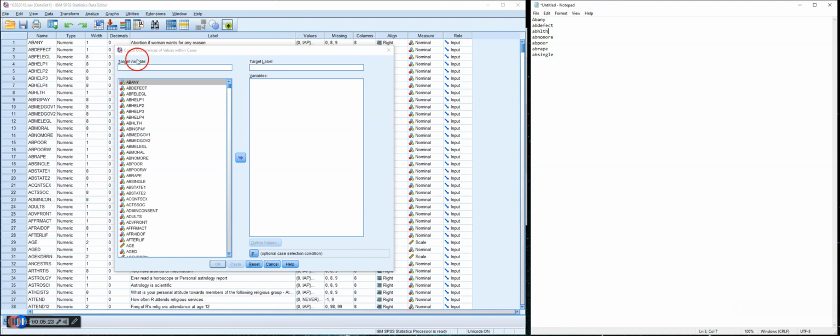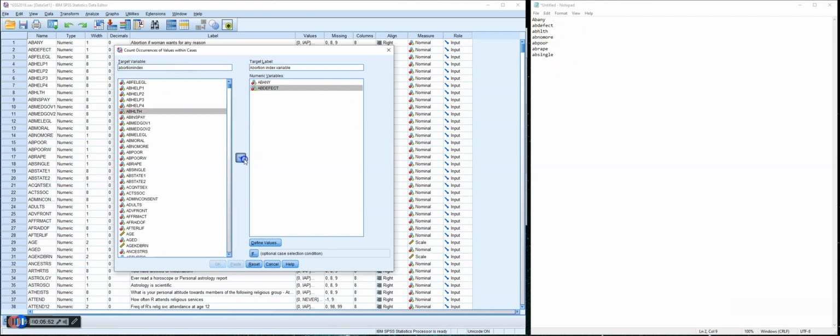So the target variable is abortion index, and the target label is index of abortion variable. Okay, and maybe ABANY, ABDEFECT, just counting the available variables.